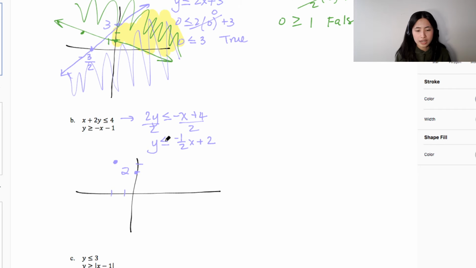Okay, and let's try to find your x-intercept just so it's more accurate. So finding your x-intercept would turn y into 0, so this is 0 less than or equal to negative 1 half x plus 2, so we can just move the 2 to the opposite side of the equation to give us negative 2. Dividing both sides by negative 1 half, so we multiply this by 2, or negative 2. So this is negative 4. So let's see.